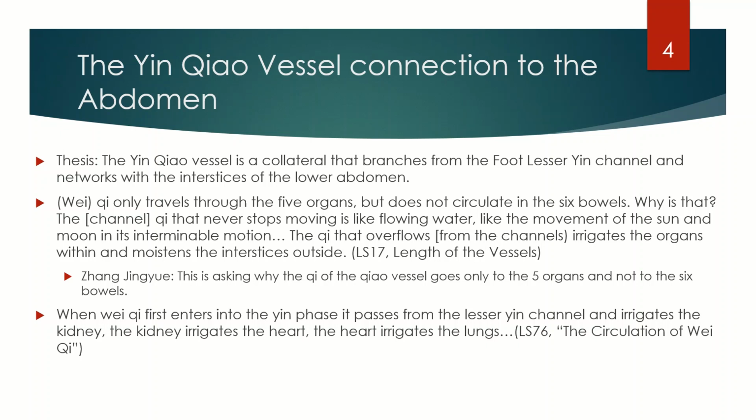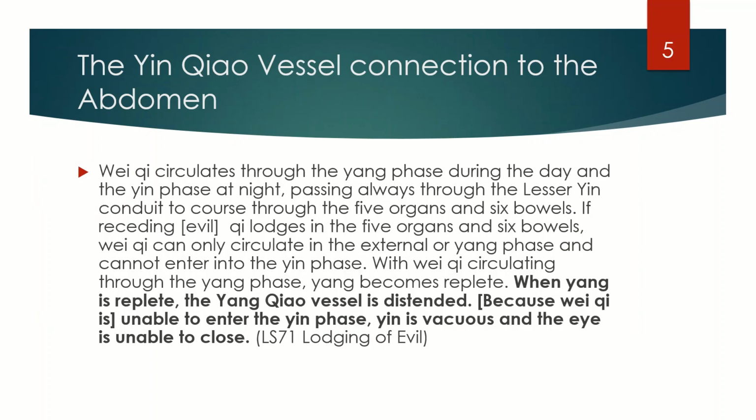And then you see how, again, if there's a pathology involving this Wei Qi moving from the Yang phase into the Yin phase, it shows up as a problem with the Yang Qiao vessel or the Yin Qiao vessel. So again, that seems quite compelling.